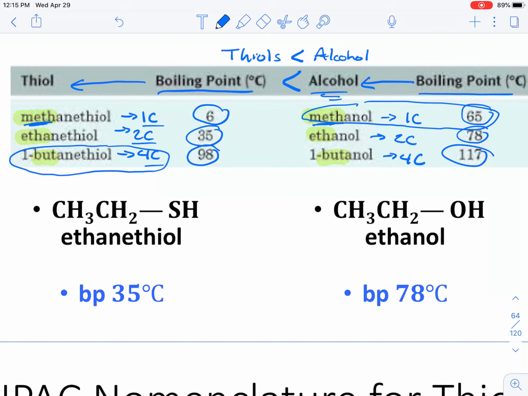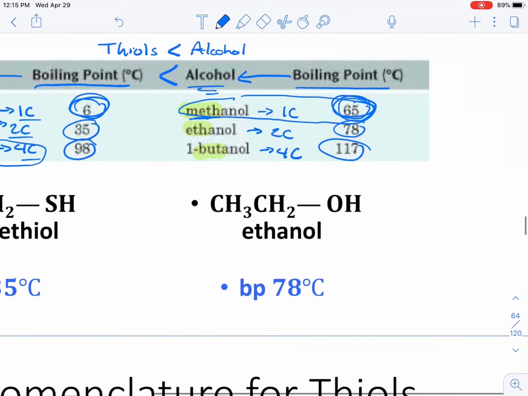That way you can cancel out these carbons and all these other factors such as number of carbons, shape and size, and that leaves you with only the functional groups that are going to be different between them. And so it looks like we have a huge increase in boiling point between thiols and alcohols. And so why is that?